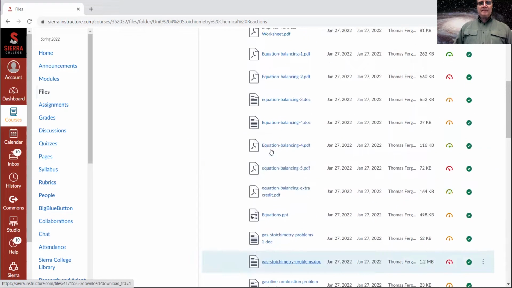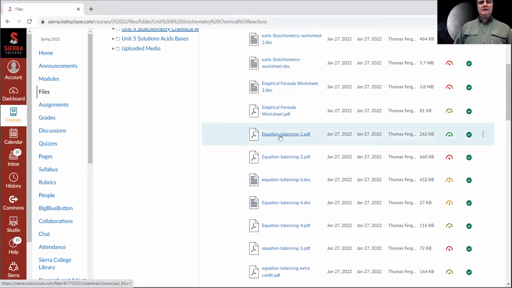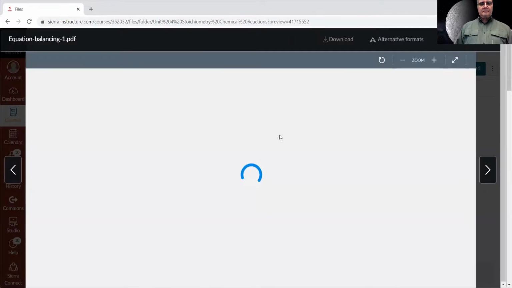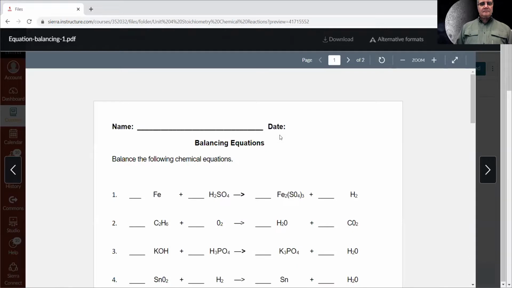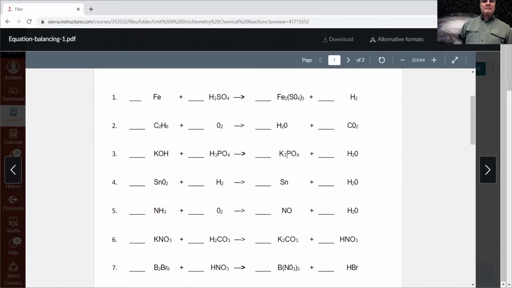So let's pull up equation balancing. Why don't you do 4 of these tonight, and then the answers are posted.